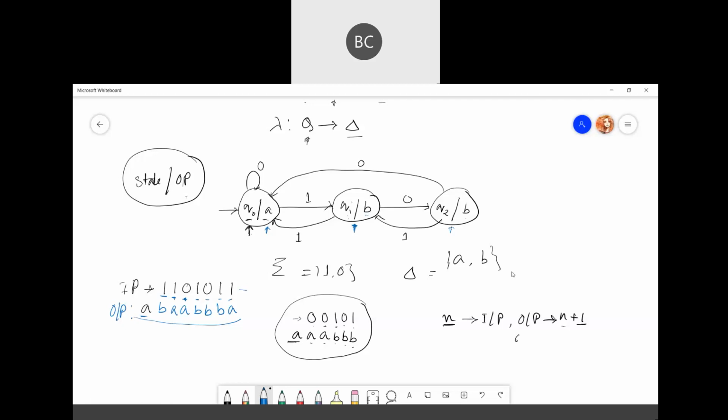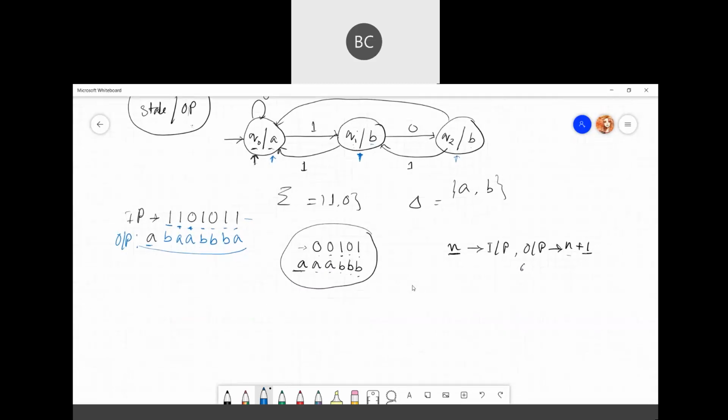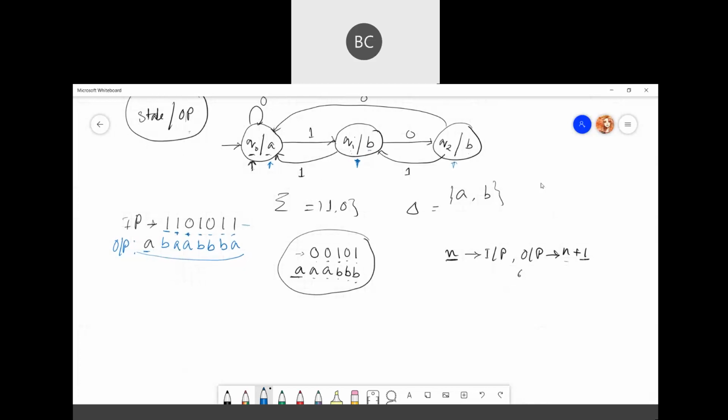So what will be the transition function now? This one clear, right? The diagram and how we process output from the input.